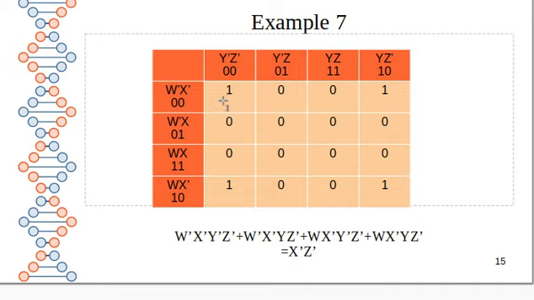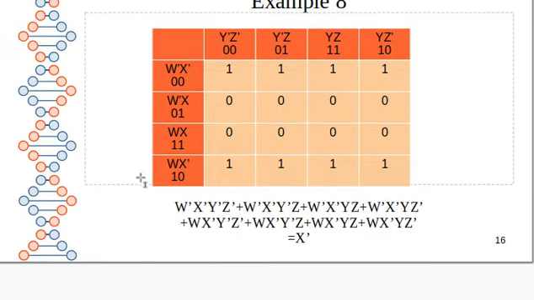So here we can take these four values as a quad, and then we can minimize the value, as we have seen that here x bar is not changed and w has changed, so w is dismissed, x bar remains, and now y has been changed, so y will be dismissed and the remaining z bar will be here. So x bar z bar will be the minimized expression for this total value.